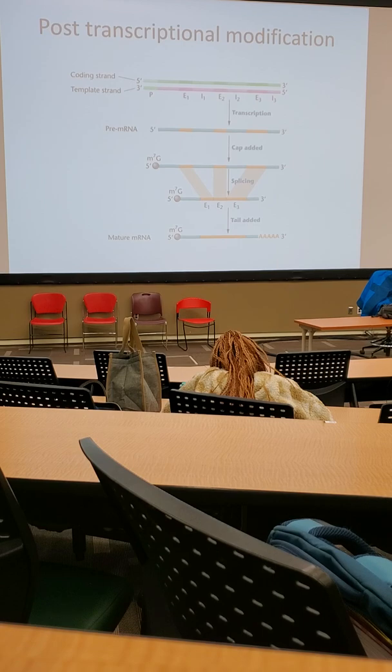It's a very specific lining we added. Then we splice, and then we add a tail. That's not actually the order that it occurs in, but I think they wanted to show that you could explicitly see splicing. So splicing is the removal of introns. I think I've said splicing several times, but not really formally defined.